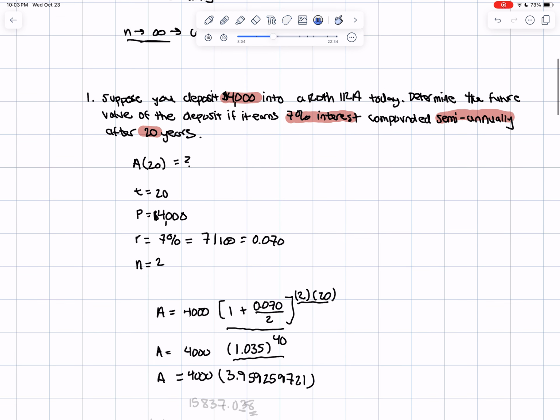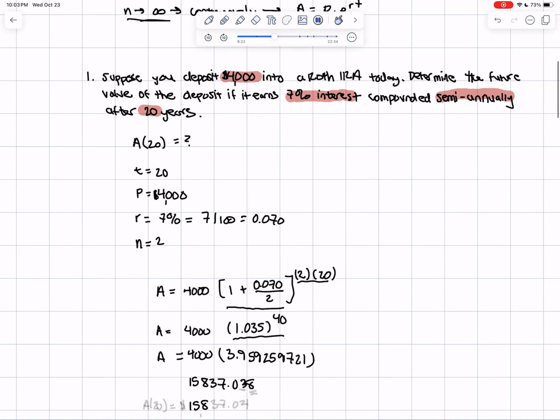Times 4,000, we get 15,837.03 and some more decimals. I'm going to round to the hundredths, and since the next digit is greater than 5, I'm going to round up. If you have a number that's 5 or greater next to the digit you're rounding, you have to round up. So we know that A of 20 gives me $15,837.04.